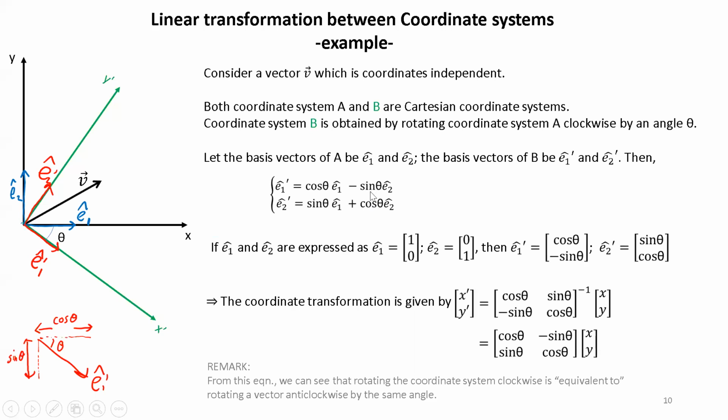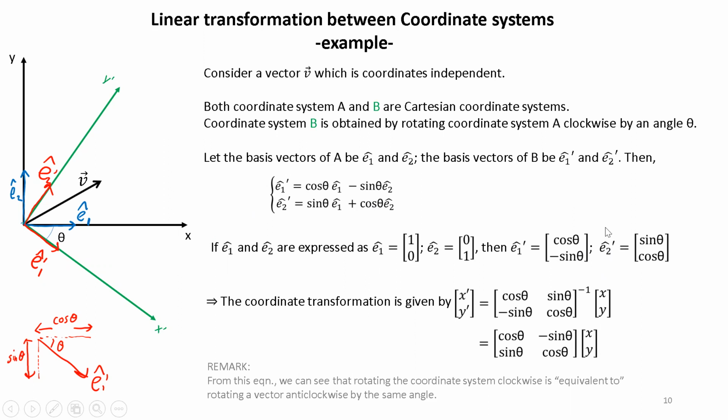So now in the original coordinate system, my E1 and E2 are represented by 1, 0 and 0, 1. So in that case, using this relation here, you'll find that E1 prime is given by this column vector, cosine theta, minus sine theta, and then this is the E2 prime.